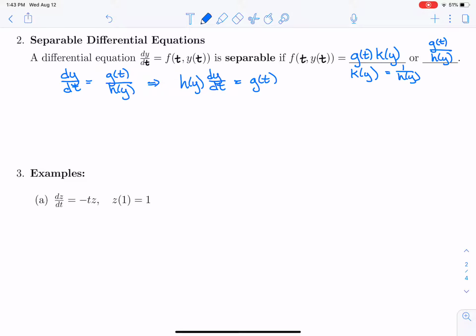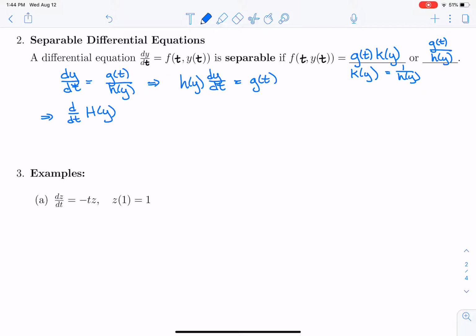I'm going to look at the left-hand side and realize that it kind of looks like the chain rule. So h of y dy/dt kind of looks like the result of a chain rule. It looks like I took the derivative d/dt of, say, some function capital H of y, where the derivative of capital H is lowercase h.